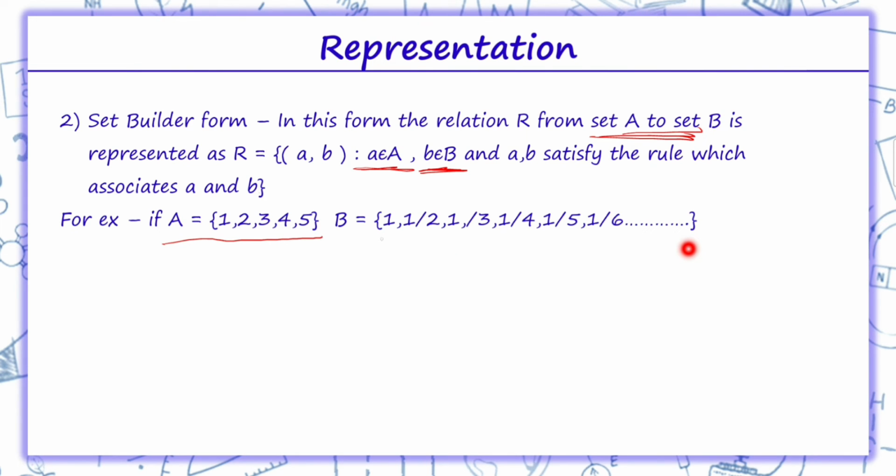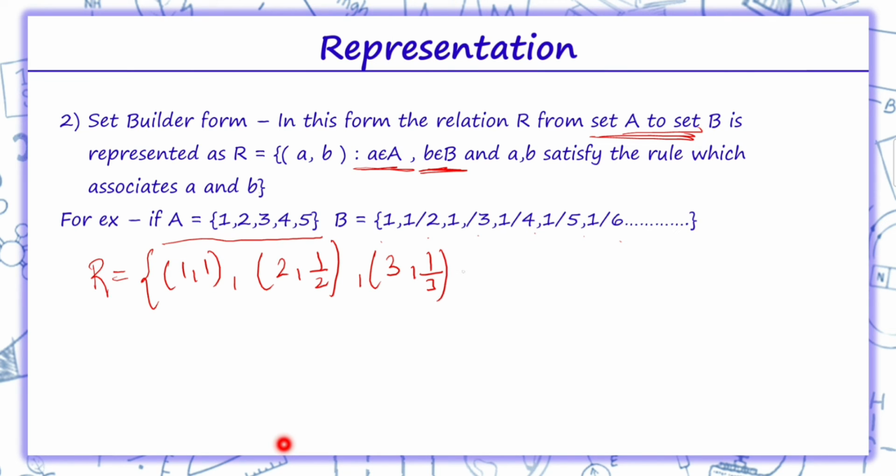B consists of 1, 1/2, 1/3, 1/4, 1/5, 1/6. R is a relation from A to B, and this relation is given by (1,1), (2,1/2), (3,1/3), (4,1/4), (5,1/5).